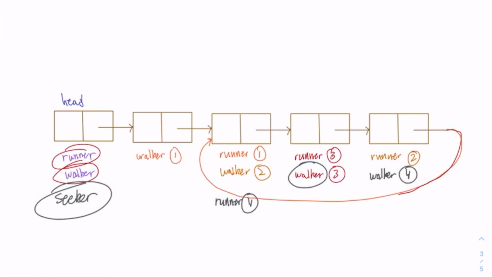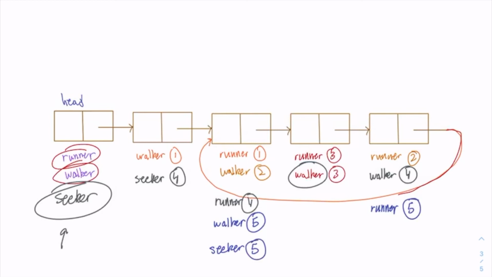And then finally we have to remember that seeker is here at seeker time 4, because at time 3 seeker is introduced to the head node, and then at time 5 runner will be right here, while walker is now here and seeker is now here.